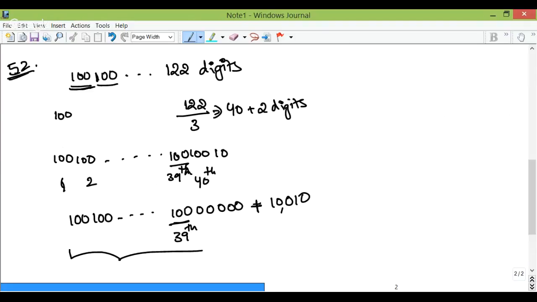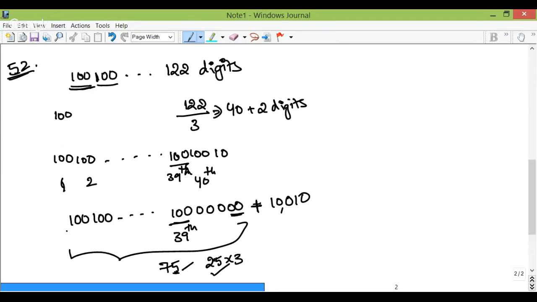Now this number is perfectly divisible by 75. What is the divisibility rule for 75? It must be divisible by 25 and it must be divisible by 3. Now when you see the last two digits, they are 0, 0, so we can say it is perfectly divisible by 25.